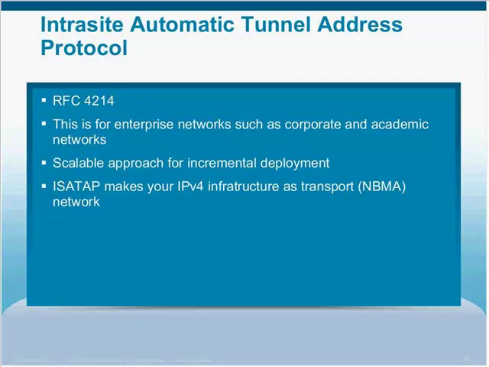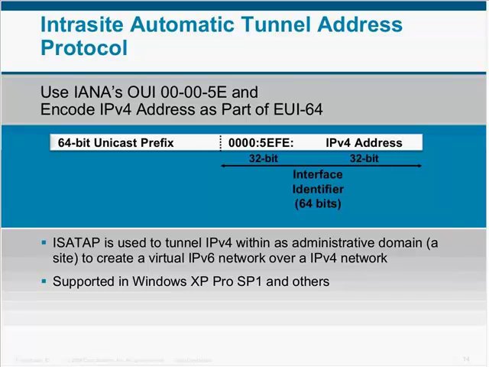It's a scalable approach, obviously. You can deploy one ISATAP router and have many hosts connected to the same gateway. And as we will see, ISATAP makes the IPv4 infrastructure look like an NBMA network. We'll see that in more detail in the following slides.